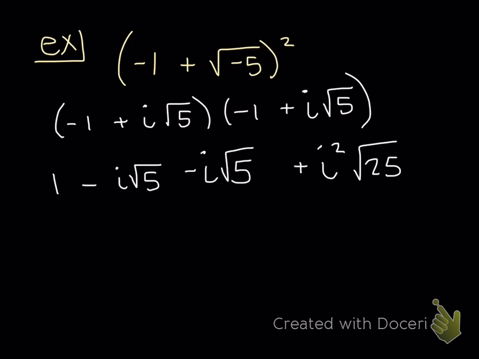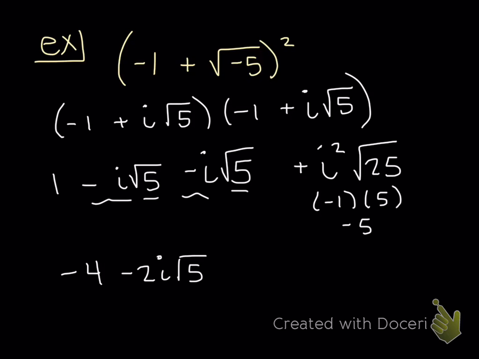And I know i squared is equal to negative 1, and I know the square root of 25 is equal to 5. So this is actually going to turn into just being minus 5. So I can combine the 1 and minus 5 and get a negative 4. And again, because these both have that like term of root 5, I can combine the outsides. So I'll say minus 2i root 5. So that's our final answer for that one.